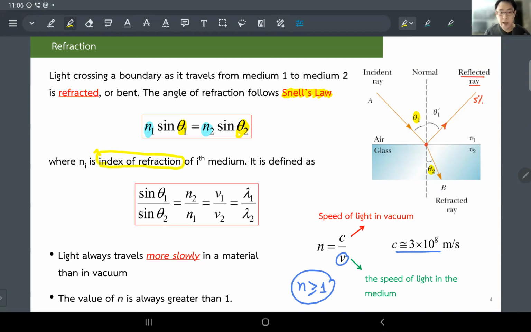Okay. So why do we define this? It looks like a reciprocal. n is inversely proportional to the speed of light in that medium. I think the reason is just that you don't want to deal with the inversion of the number all the time. That's my guess.